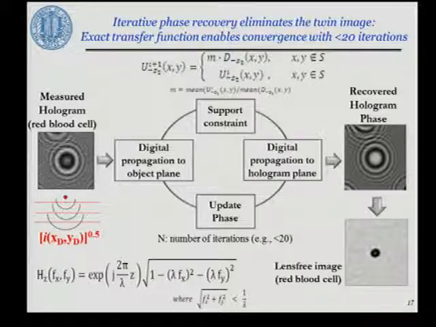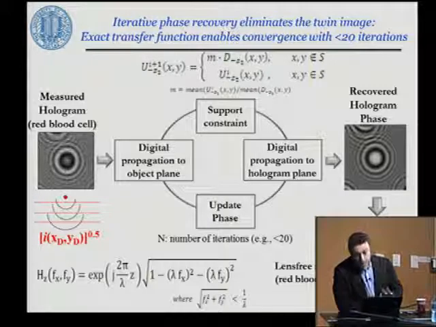In the most simplistic way, you can actually go back and forth between the hologram plane and the object plane. By throwing random phases, you will have objects that are reconstructed incorrectly, leaking energy outside of a normal region of interest or an object support. And that energy can be minimized iteratively by correcting your phase at every iteration and enforcing the amplitude measurement and the object support.